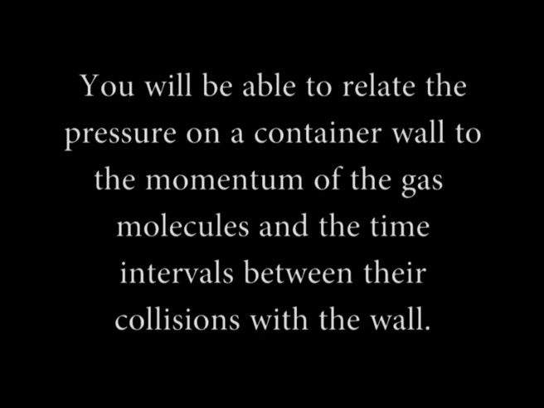Pressure, temperature, and RMS speed. After going through this section of the lecture, you will identify that the pressure on the interior walls of a gas container is due to the molecular collisions with the walls. You will also be able to relate the pressure on a container wall to the momentum of the gas molecules and the time intervals between their collisions with the wall.